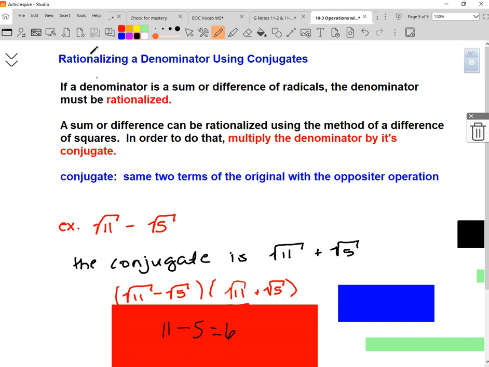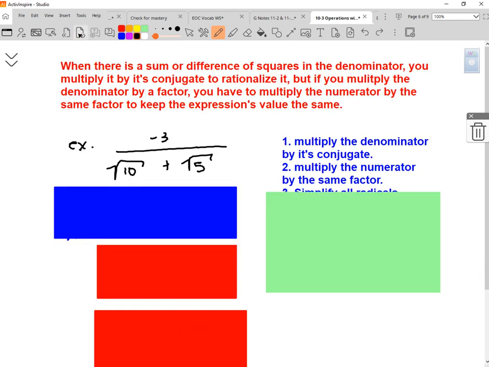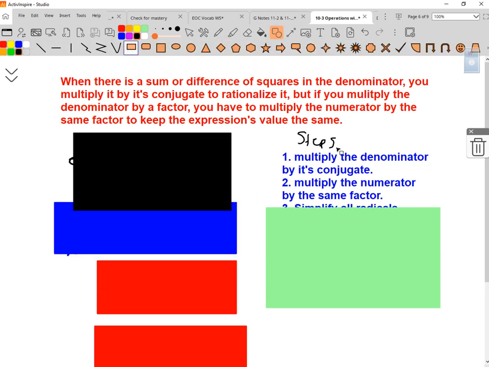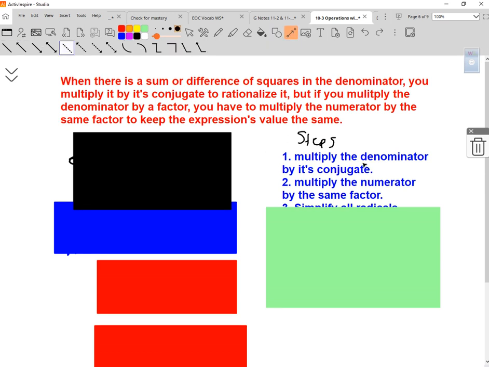So here are your steps. You don't have to write any of that. We're going to write your steps, and then we're going to do this example together. Right, the steps are multiply the denominator. So I've given you everything. You're going to fill in the blank with the denominator.